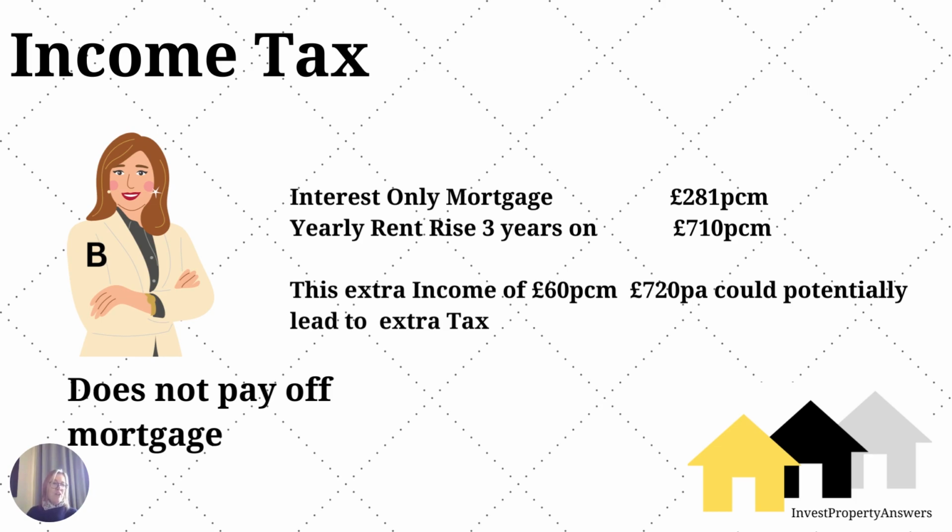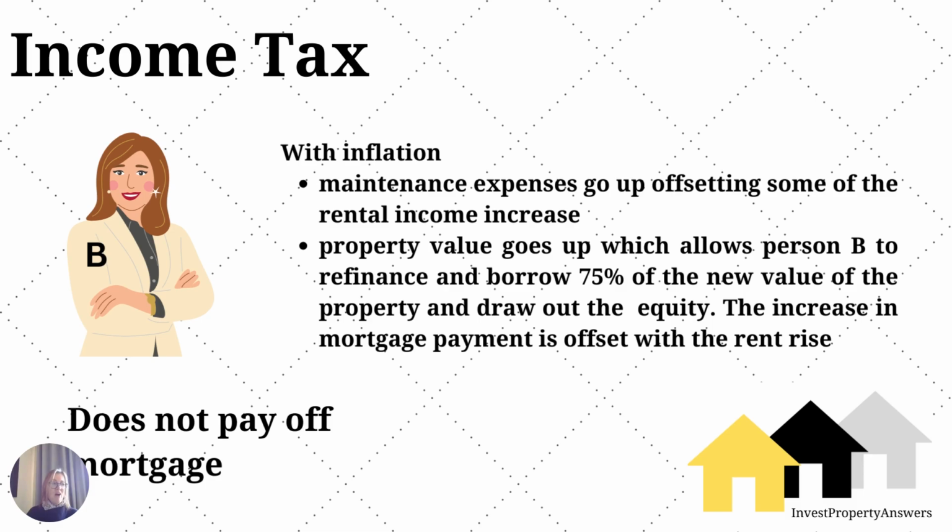At this point, if she is not careful, she will have an extra £60 per month profit, which she will need to pay more tax on. However, also after 3 years, maintenance will go up with inflation to say £90 per month, offsetting some of the rental income increase. Plus, the property will go up with inflation, so it will be worth more.